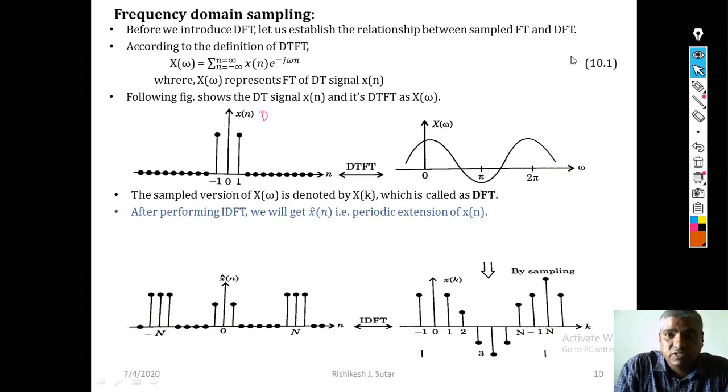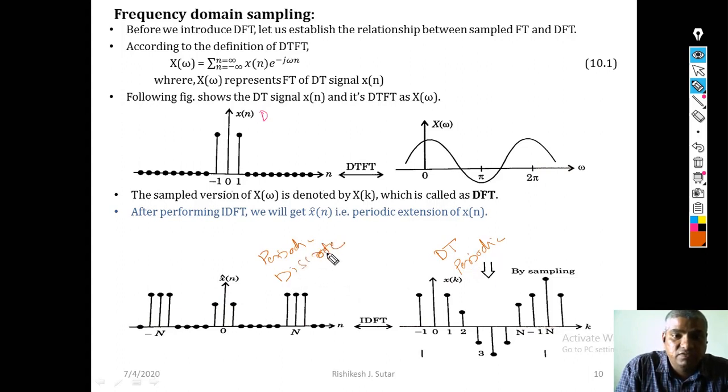So again you can observe here the same relation. What we can see is that this X of k is in discrete version, and again it is periodic. If it is a discrete version, the signal which I am getting here must be periodic, and if it is periodic, I must get it in discrete form.